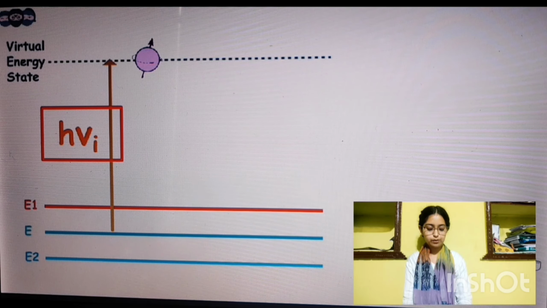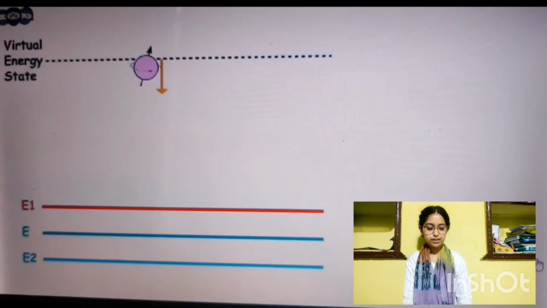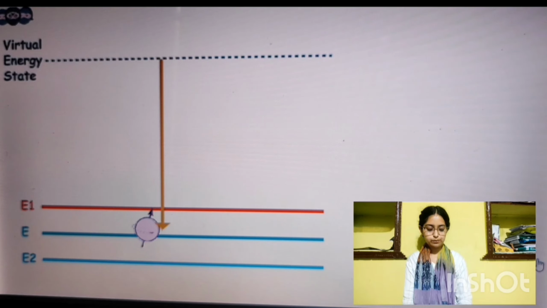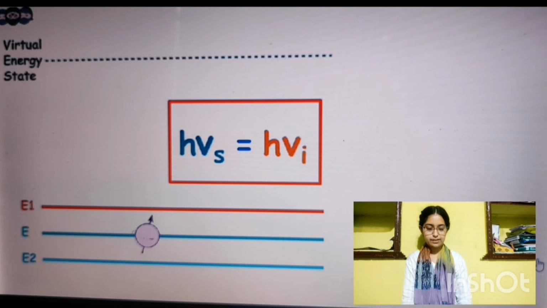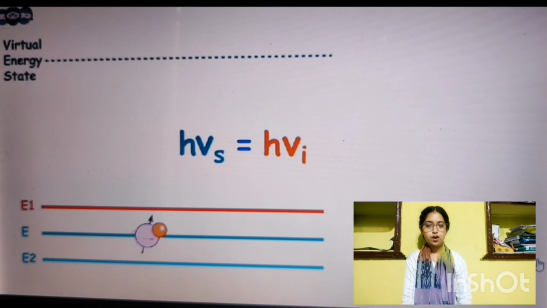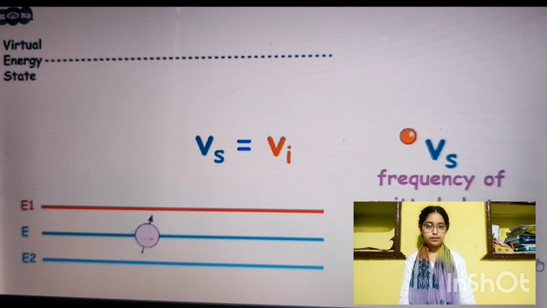The electron falls back by losing energy, and if the energy loss is equal to the energy of the incident photon, then the scattering is known as Rayleigh scattering, where the energy of the incident photon is equal to the scattered photon. So hνs = hνi.